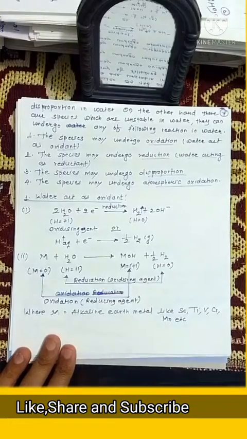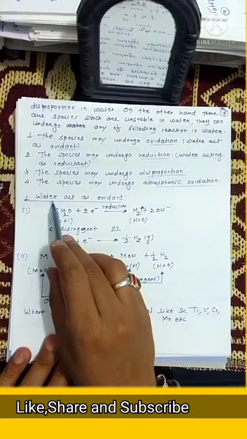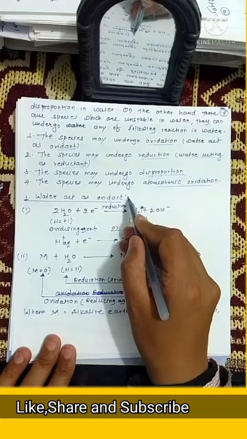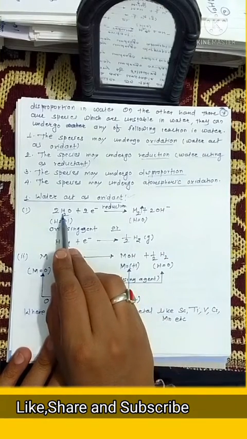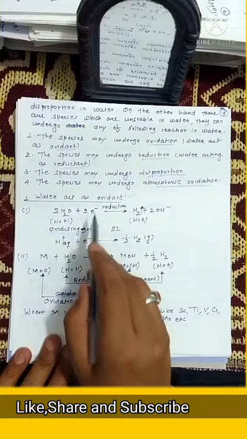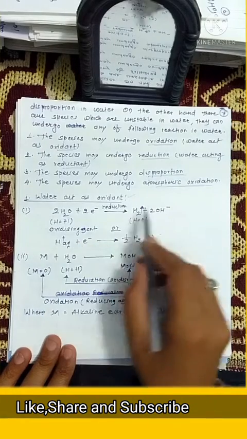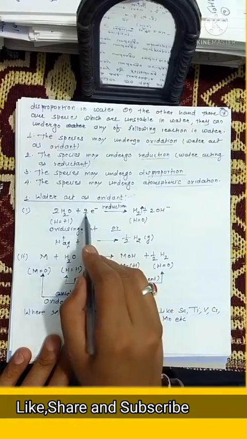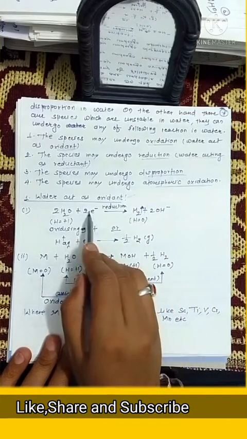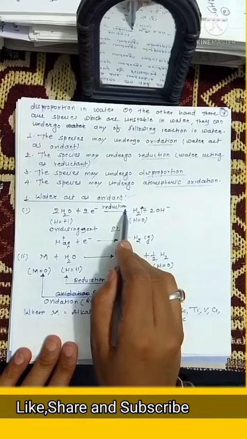First, we see water acting as an oxidant. Just see in this reaction, the water molecule takes 2 electrons and liberates hydrogen. Gain of electron is simply known as a reduction reaction.